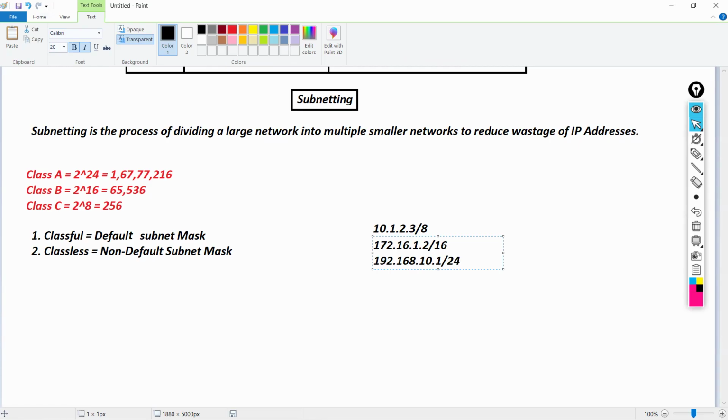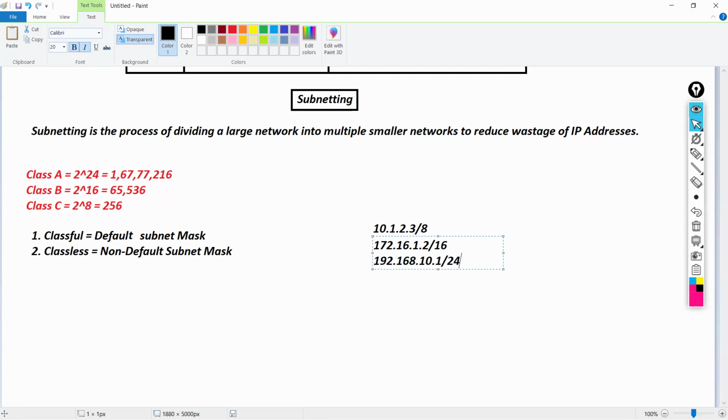Also, no. Why? Which class IP address is 192? Class C, with class C default, right? So when you use a class A subnet mask with a class A IP address, a class B subnet mask with a class B IP address, a class C subnet mask with a class C IP address, this is all default. Anything other than this is non-default, classless.